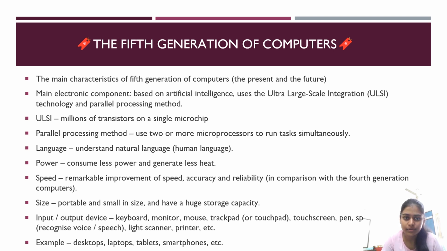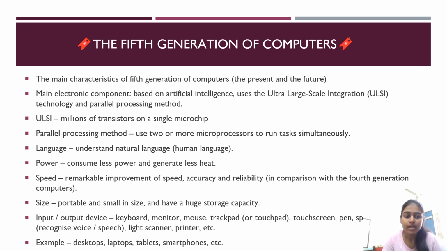The language used by fifth generation of computer is understanding natural language, meaning human language. Power: consume less power and generate less heat. Talking about speed, remarkable improvement of speed, accuracy and reliability in comparison with the fourth generation of computers.